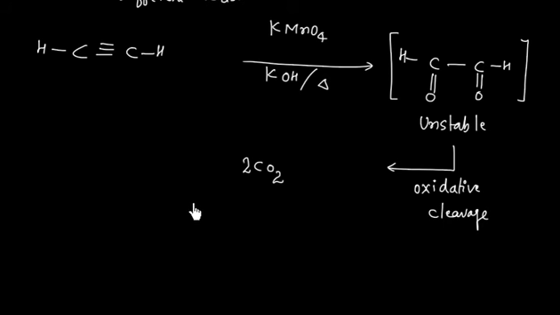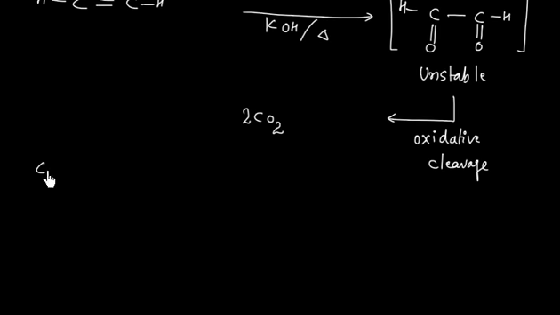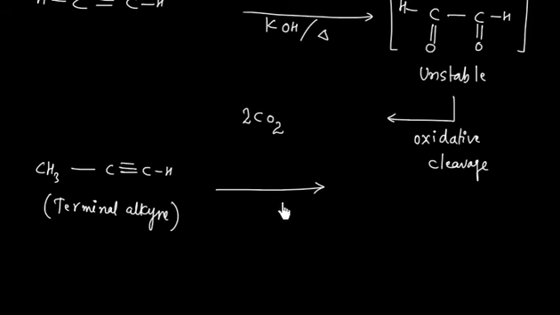Important point: whenever we have a terminal alkyne, so let us say if I have CH3, C triple bond CH, this is a case of terminal alkyne. We will get 1 molecule of CO2. If this is treated with KMnO4, medium is basic, and heated, we have to break this bond. First we will get a ketone kind of product, diketone kind of product.